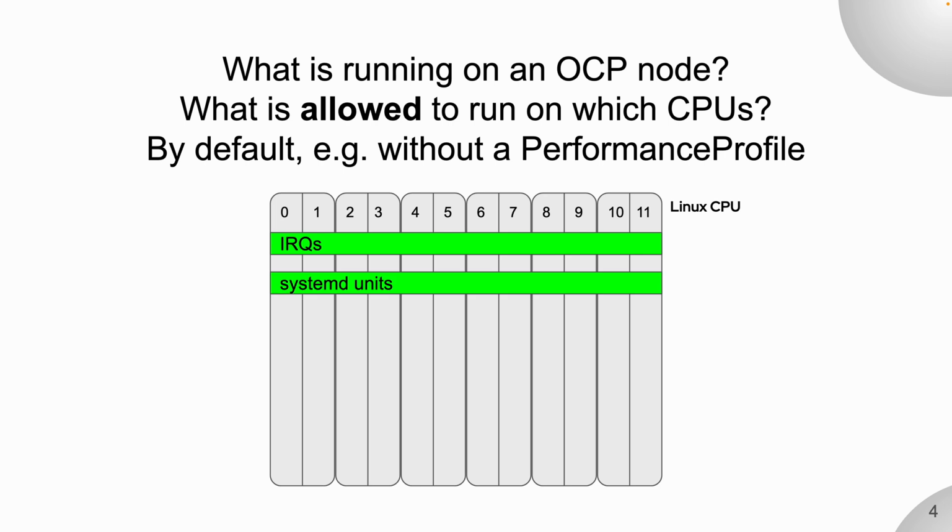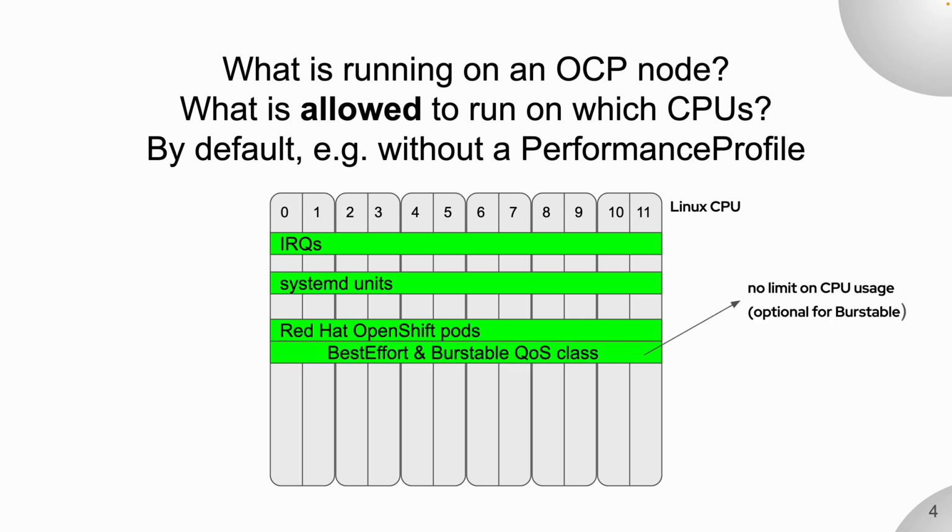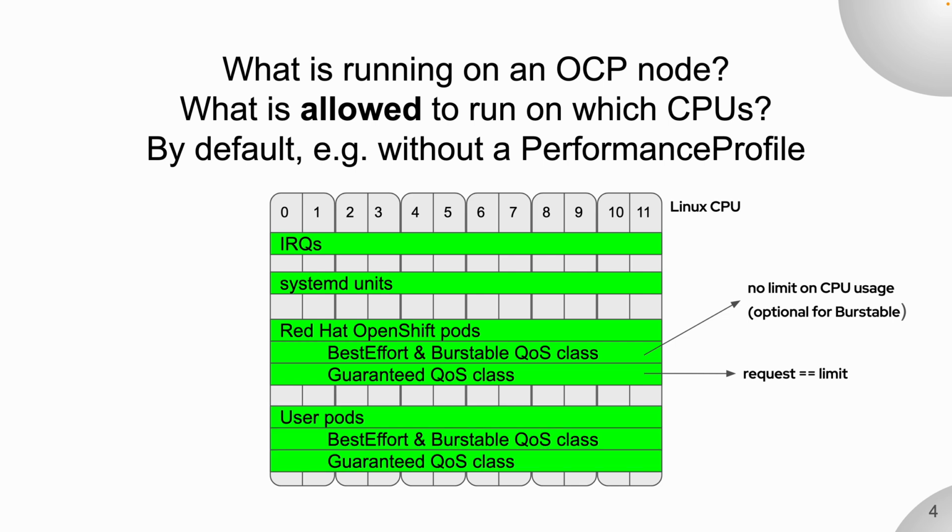Systemd units are basically all of the userland on an OpenShift node which are not pods, so typically kubelet, SSHD, IRQ balance, etc. And then you have the Red Hat OpenShift pods, which can be best effort or burstable QoS class. For both of these classes, there is no limit on CPU usage, but it's optional for burstable. And you have guaranteed QoS class pods where request equals limit. And then you have the user pods with the same classes of pod QoS.